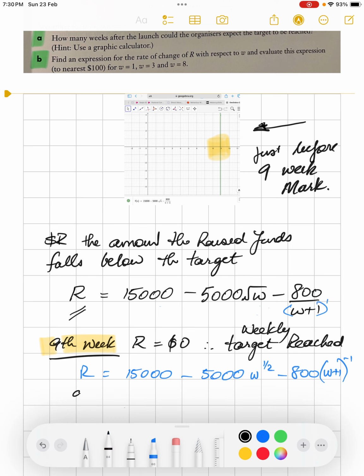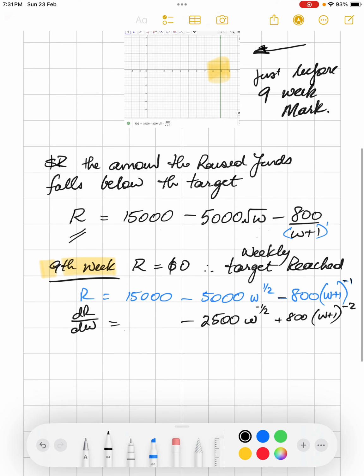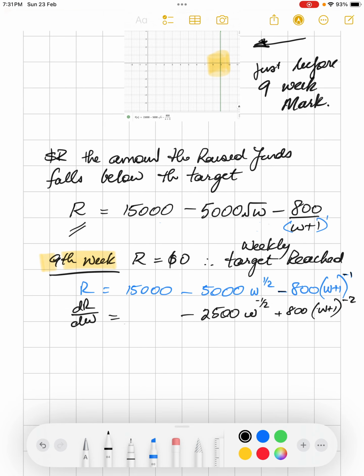Now we can get dR/dW equals, that's 0, and 5,000 times a half is 2,500, and half minus 1 is negative a half, and negative 1 times negative 800 is plus 800, and the (W plus 1) to the negative 2, times by 1 because it's just 1 W, so that won't change much.